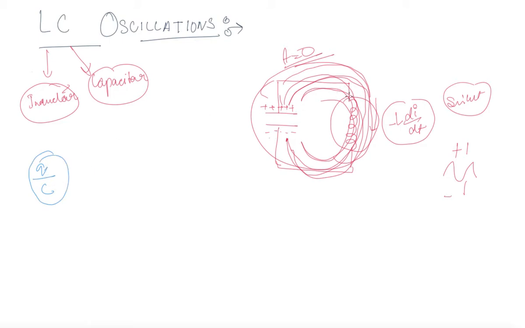Over here, going from plus to minus, this will be minus L of di upon dt. Since this is a closed loop, the total potential should be 0. So that we have established.